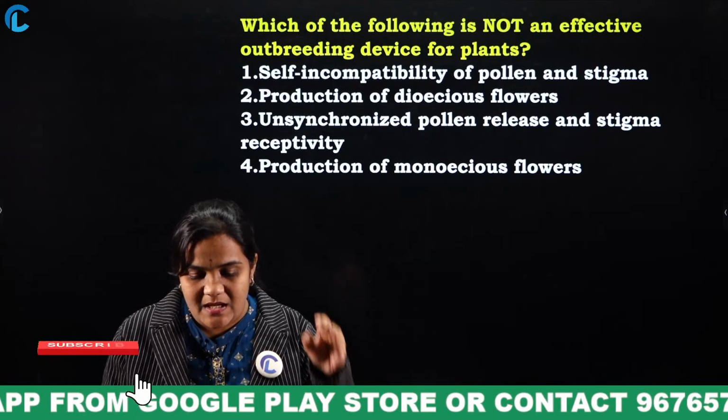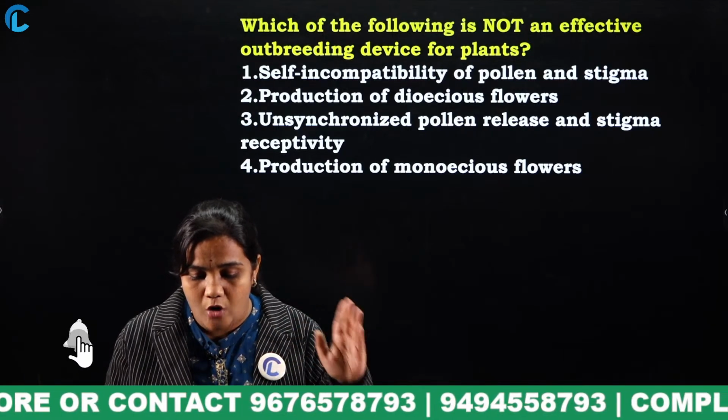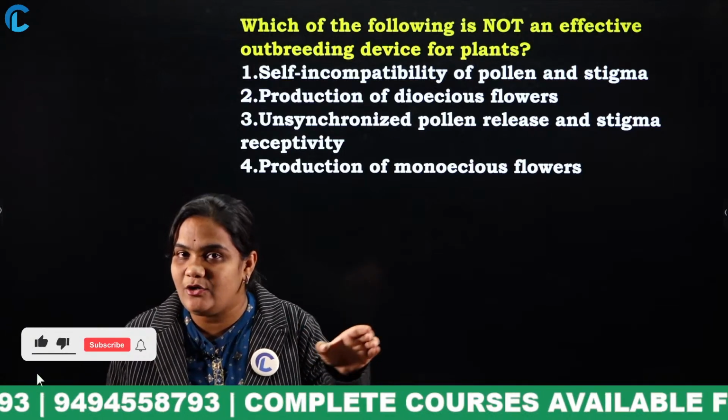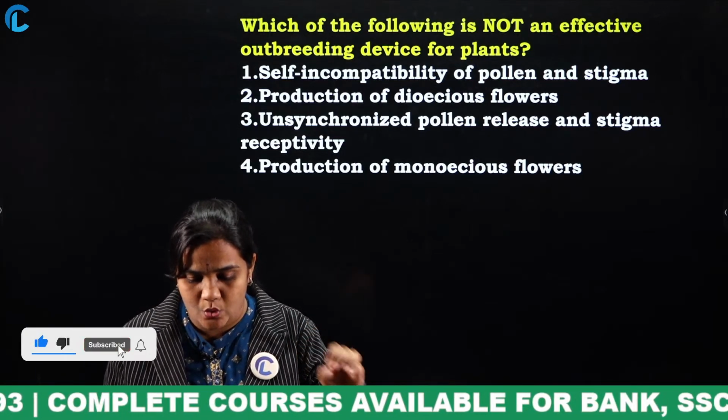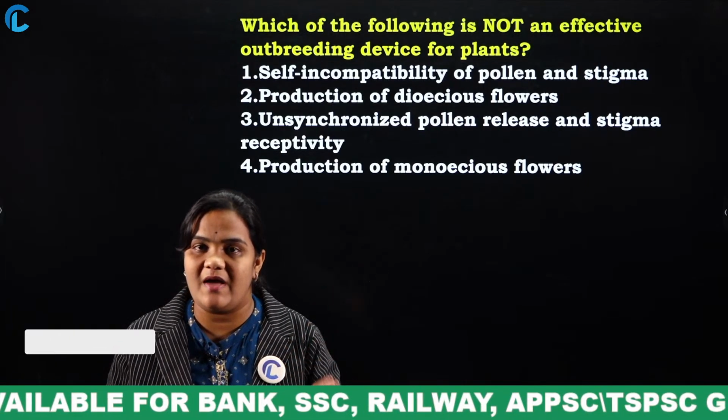It is saying, in the given options, which of the following is not an effective outbreeding device for plants? I will explain the answer and you try to get it. Option 2 says production of dioecious flower. What is this?